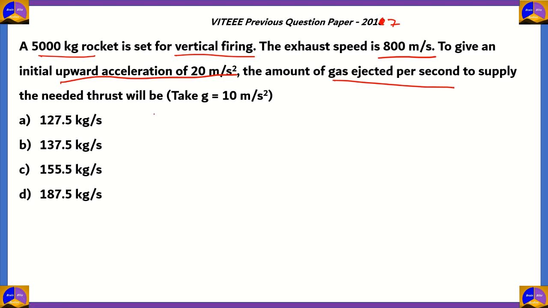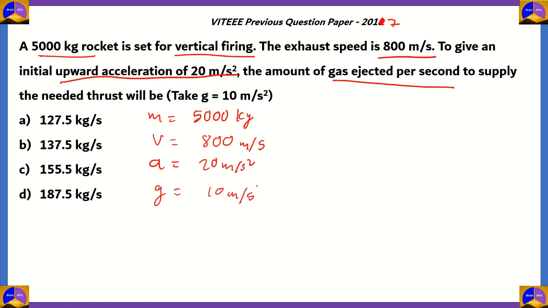So in this question, the initial mass of the rocket is 5,000 kilograms, and the velocity of the exhaust gas is 800 meters per second. The initial upward acceleration is 20 meters per second squared, and the value of g is 10 meters per second squared.